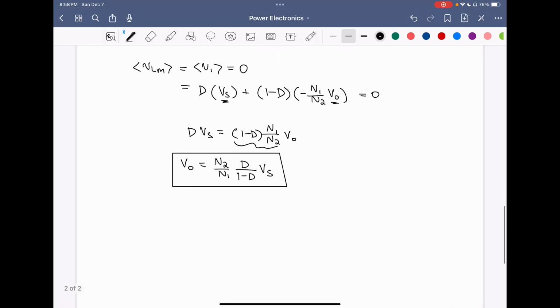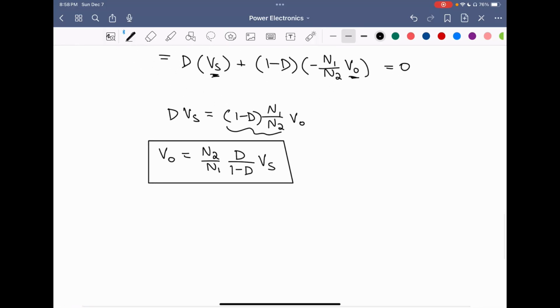We have the same conversion ratio as a buck boost converter, the D over 1 minus D term, but then we also have the transformer turns ratio, N2 over N1. So it's basically the same conversion ratio as a buck boost converter, but with this additional scaling factor, N2 over N1.